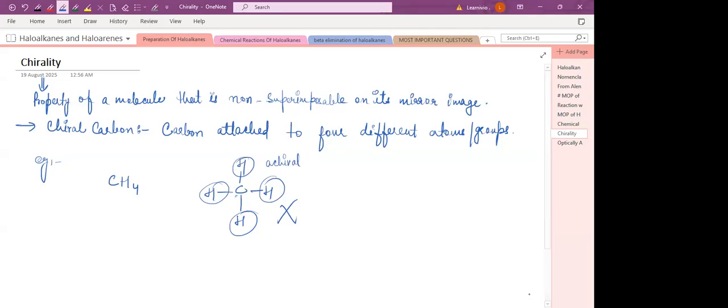Okay, so you have to check that carbon is attached to four different groups or atoms or not. Suppose if I give you this carbon, hydrogen, bromine, bromine, and this chlorine. Now, Anisa, tell me, is this carbon chiral or not?